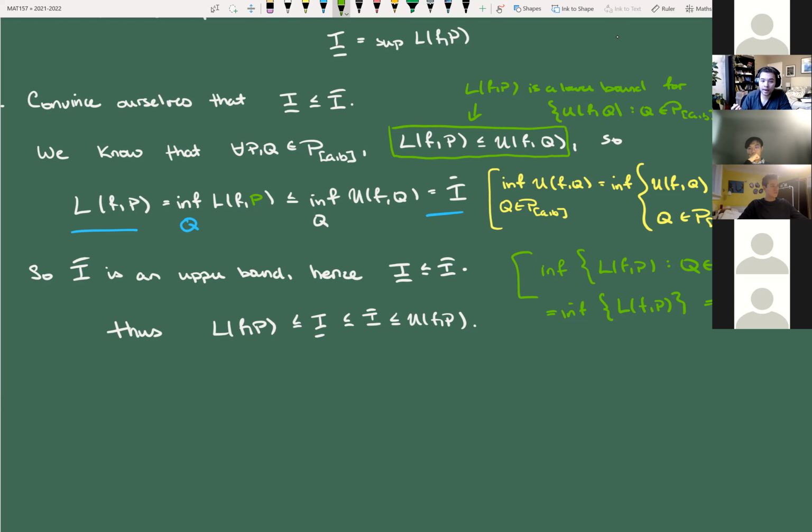And since it's a lower bound, then the next line, which replaced that entire line that had been kind of throwing some people off: if it's a lower bound, it's less than the greatest lower bound, right? And the GLB is I with a bar over top of it.